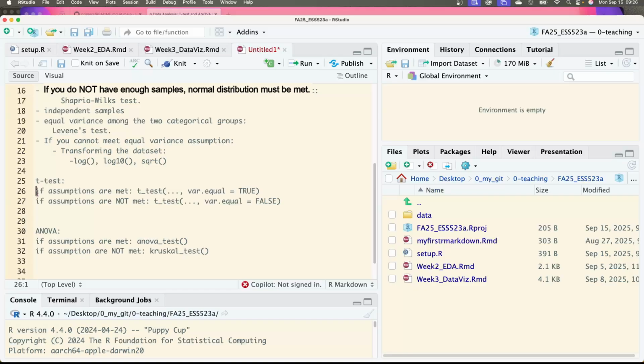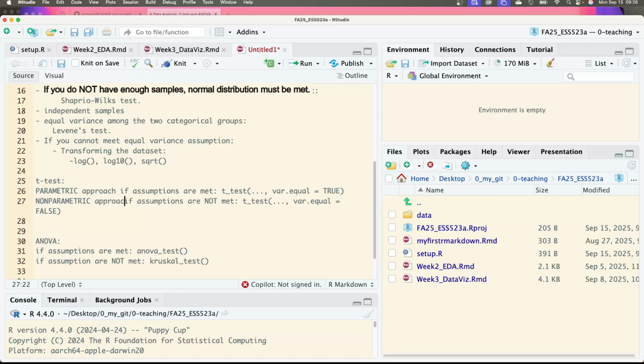So here I'm going to write out the parametric approach, and then the non-parametric approach. I'm writing this out because we use these words very often to call something parametric or non-parametric.